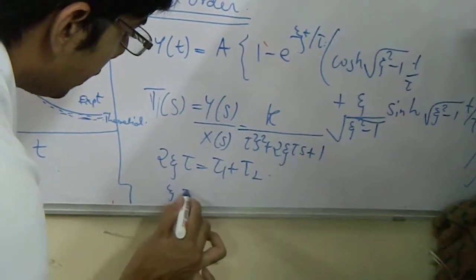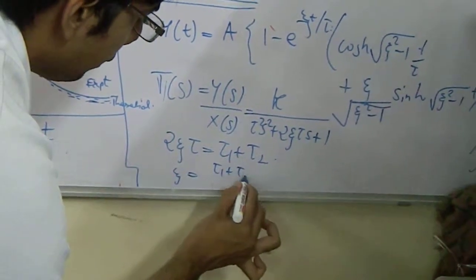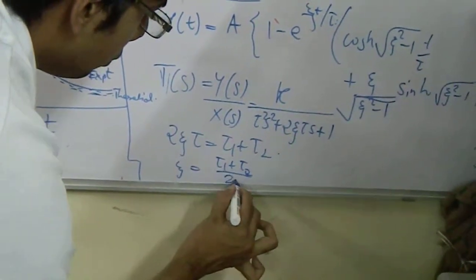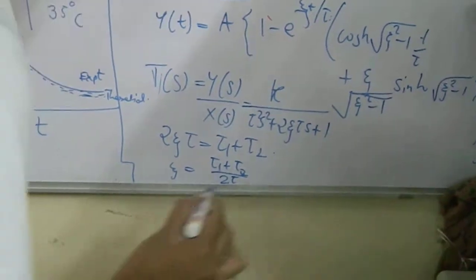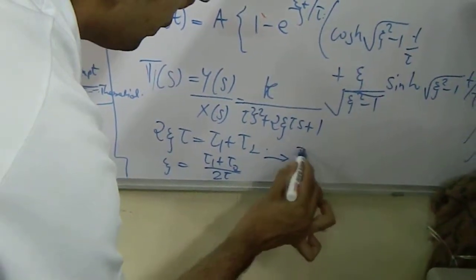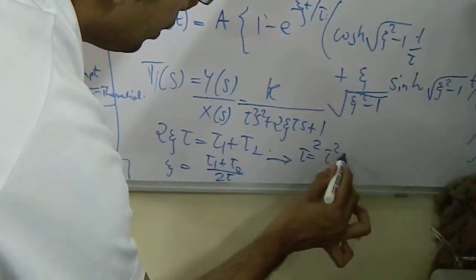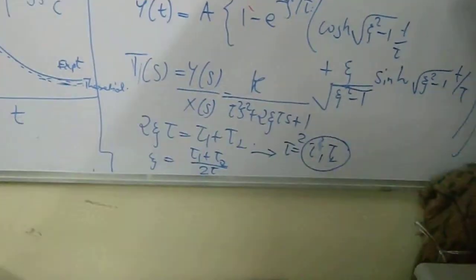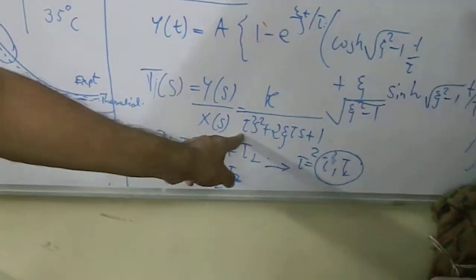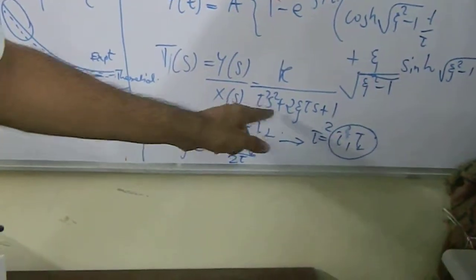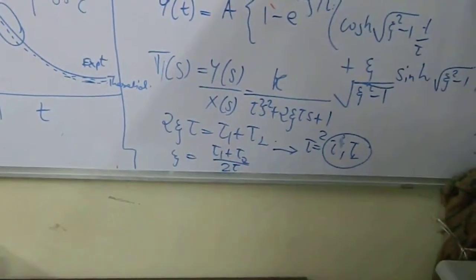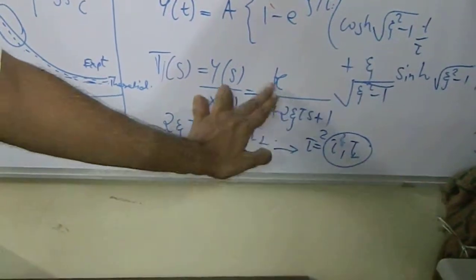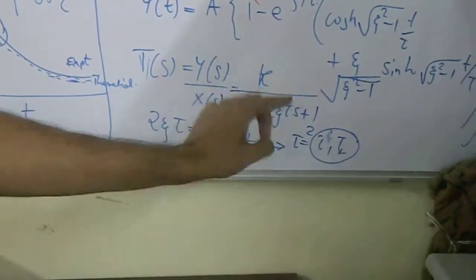So xi is nothing but tau 1 plus tau 2 upon 2 tau. And tau square is nothing but tau 1 into tau 2. If you derive the equation for the thermowell, you will realize that tau square, which is the coefficient of S square, will be nothing but tau 1 into tau 2.